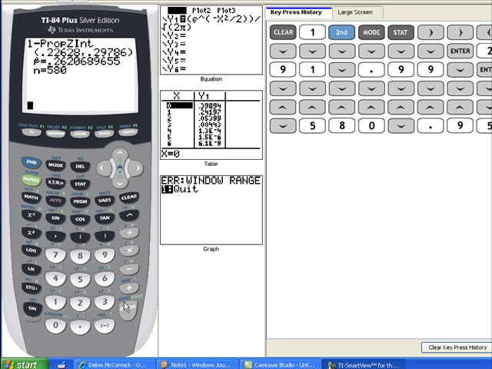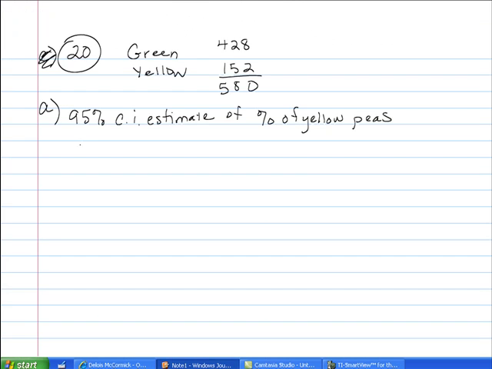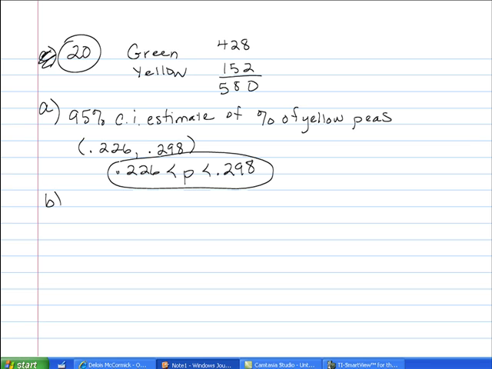What we note is that 25% is in this interval, so do the results contradict it? No, they certainly agree with it. So no, this does not contradict Mendel's belief that it was 25%. It turns out that the true percentage could easily be 25%.